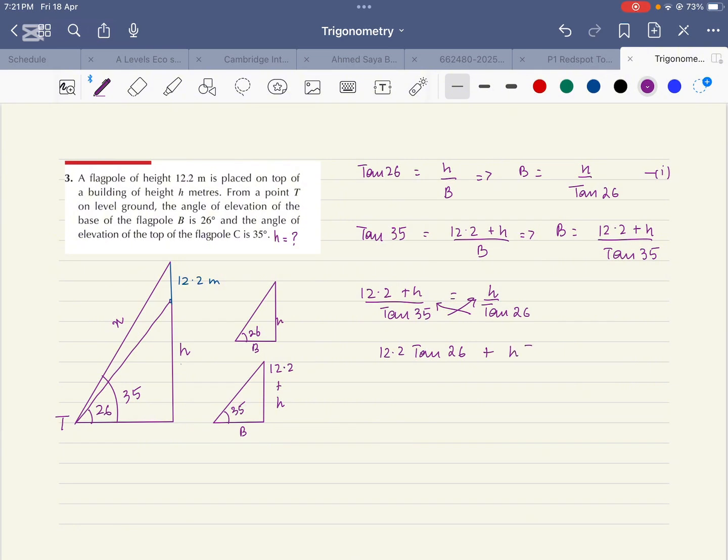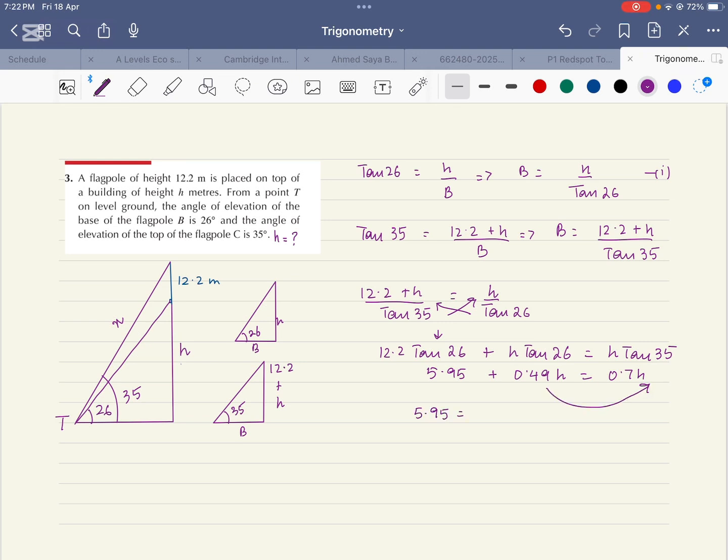Now tan 26 in itself is 0.49. This is 0.49h, and this is 0.49 multiplied by 12.2, which is 5.95, is equal to h times tan 35, which is 0.7, so we bring it over here.